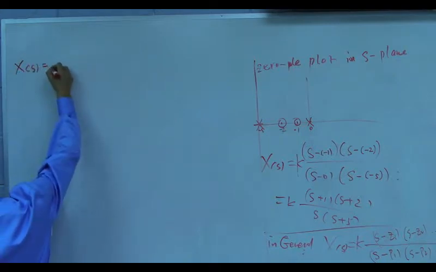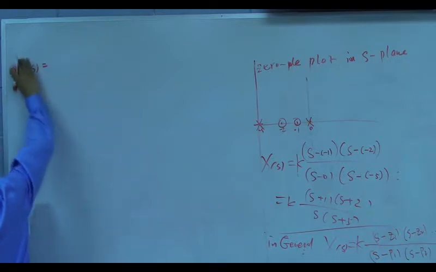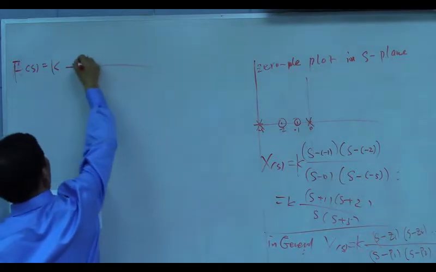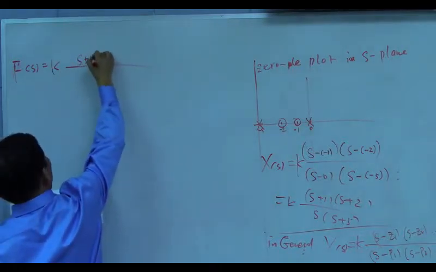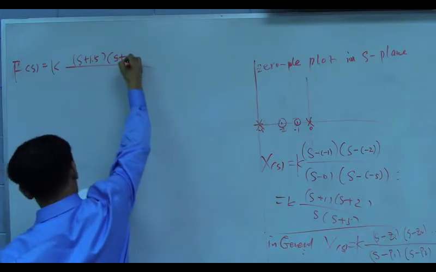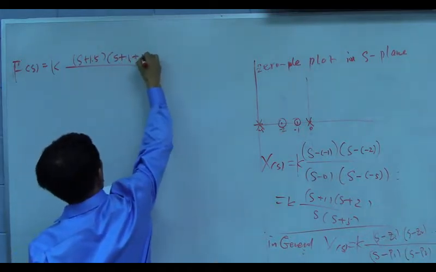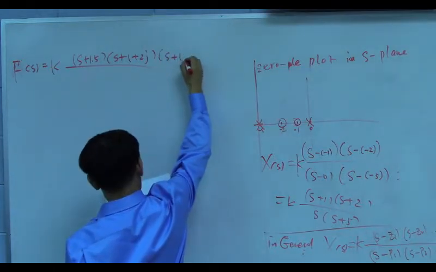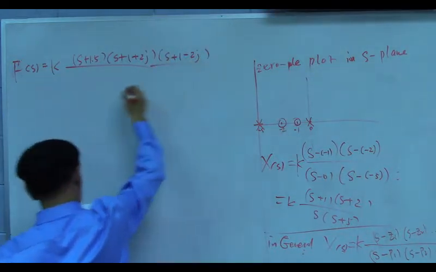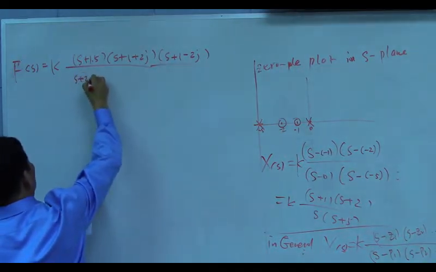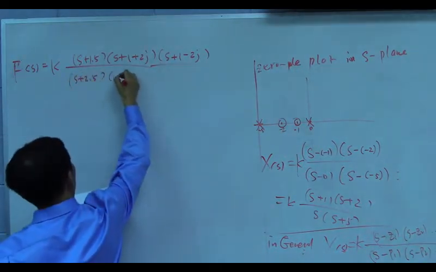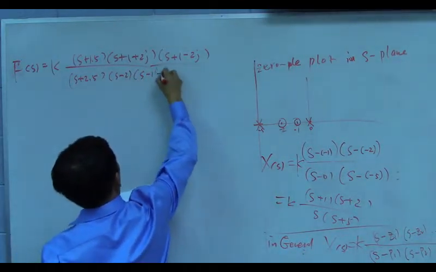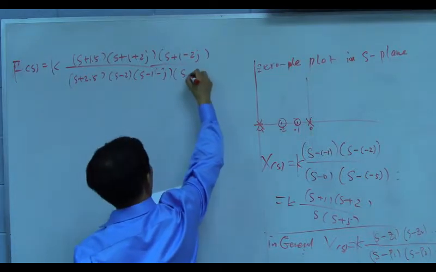X(s) equals, in the slide this is F(s), that's going to matter. K times s plus 1.5, s plus 1 plus 2j, s plus 1 minus 2j, over s plus 2.5, s minus 2, s minus 1 minus j, s minus 1 plus j.